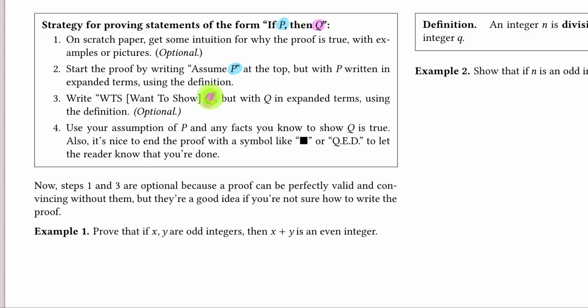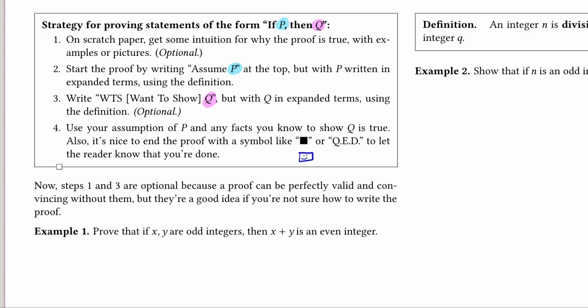And 4 is draw the rest of the owl. Like actually do the proof. Use your assumption of P and any facts you know to show that Q must also be true when P is true. And also it's nice to end the proof with some kind of symbol, I draw a little happy face box. Some people write QED, which is Latin for something, and that lets the reader know that you are done with the proof.